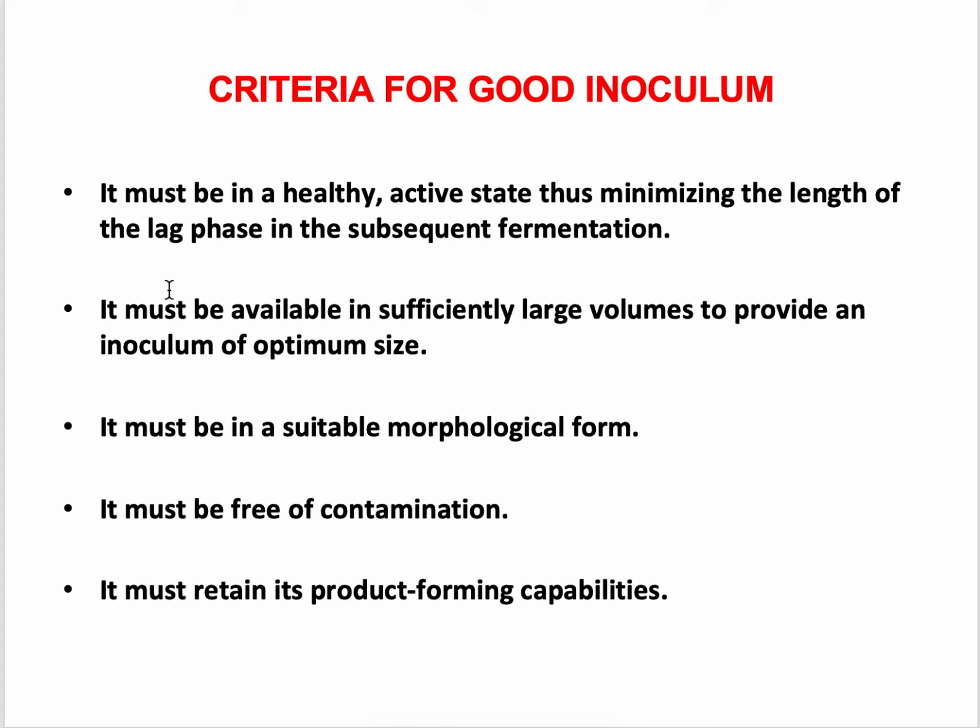And it must be available in sufficiently large volumes to provide an inoculum of optimum size. I mean, we cannot add a small amount of inocula into the fermenter. If we add an insufficient amount, then the microorganisms need to grow first, so it will add some lag phase in the fermenter.